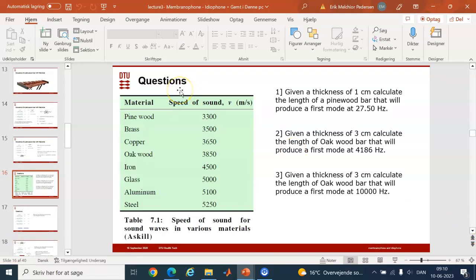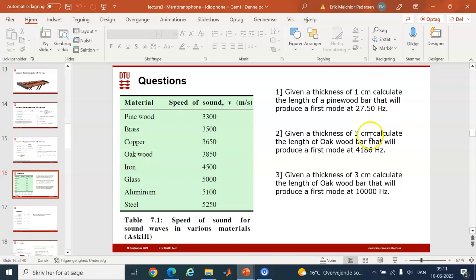So we have some questions here. Given some materials, pine wood, brass, copper, oak wood, iron, glass, aluminium, steel, and the speed of sound in those materials, and given a thickness of 1 centimeter, calculate the length of a pine wood bar that will produce a first mode at 27.5 Hertz.